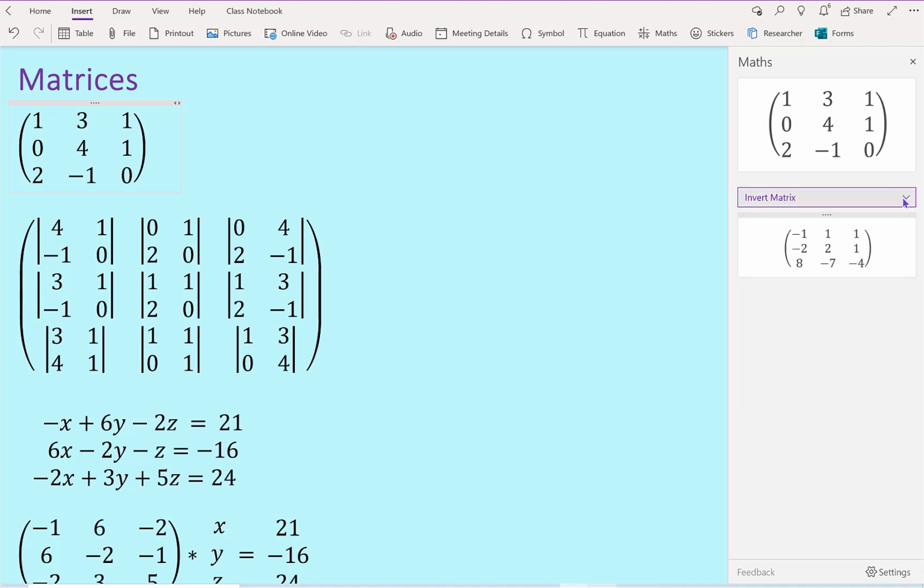If you look here, they don't show you the method and all the steps, so you still have to work out all the minors and all the cofactors.